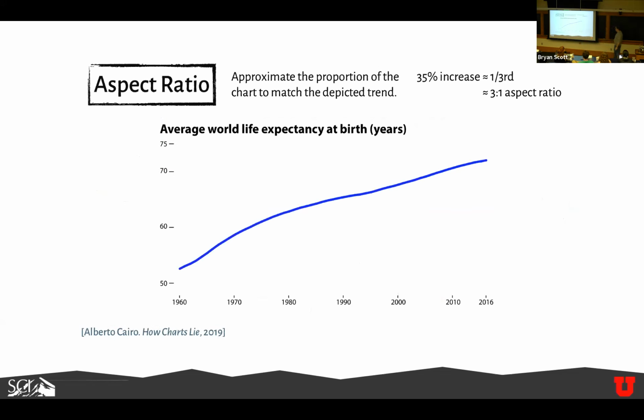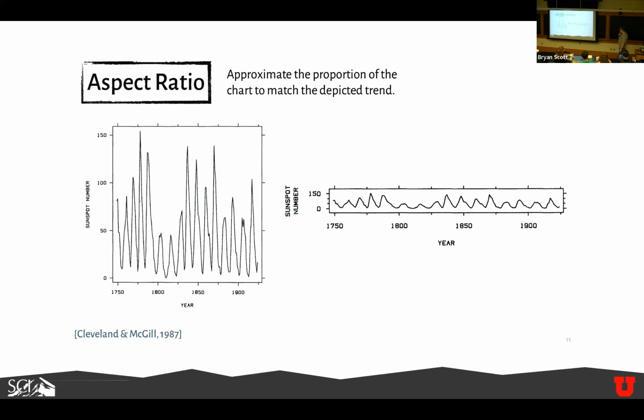Okay, so there are rules of thumb, but there's no steadfast rule. An aspect ratio of about 3 to 1 is a good rule of thumb. But there are other rules of thumb that come from other places that talk about how to optimize the perception of different features and things. That's probably a bit much for what you need, but generally you should try to target an aspect ratio of about 3.